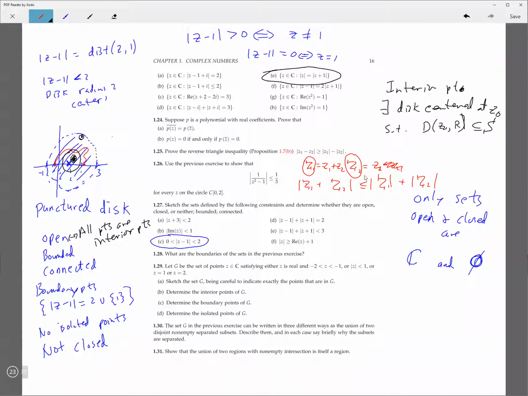And if this was z1 plus z2 and this is z1 minus z2, then when you plug it in right here, it would be little z1 plus little z2 plus little z1 minus little z2. You're just plugging in those values. You start out with the triangle inequality, then you plug those values in, and then you see what you get over here.